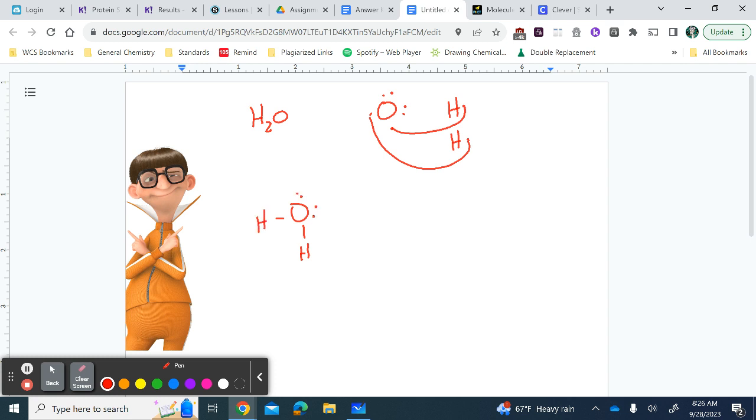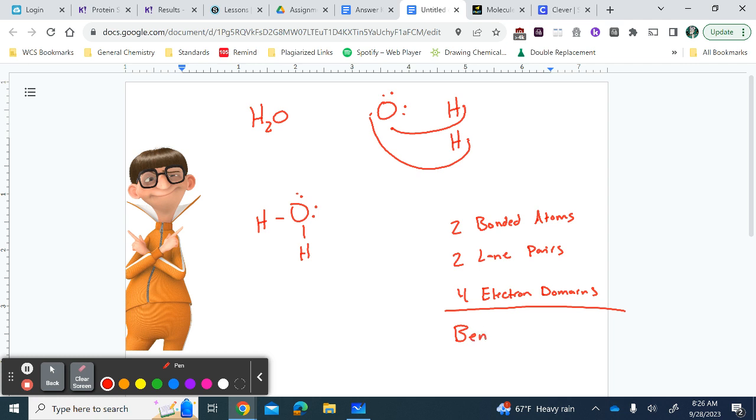And we have our lone pairs around our oxygen. This molecule has 2 bonded atoms. It has 2 lone pairs. So it has a total of 4 electron domains. When we have 2 bonded atoms, 2 lone pairs, and 4 electron domains, we have a bent molecule.